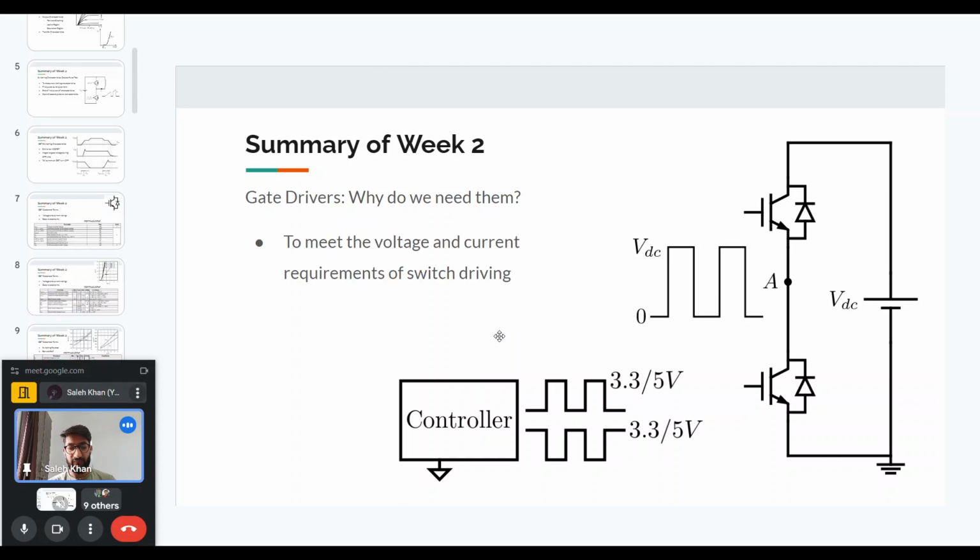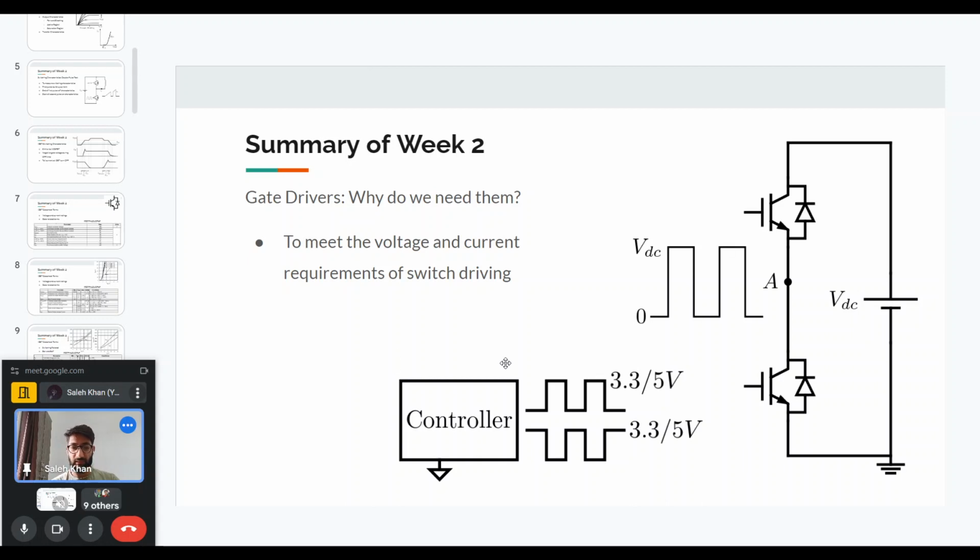So the function of the gate driver is basically to meet the voltage and current requirements of driving these switches. We talked about the voltage requirements, but there is also the current requirement. As we'll see later on, to turn on these devices we actually require some substantial current for a very small time, but it is a substantial value, like 1 ampere, 2 amperes. For, let's say, 1200 volt devices, it requires currents in the ampere range.